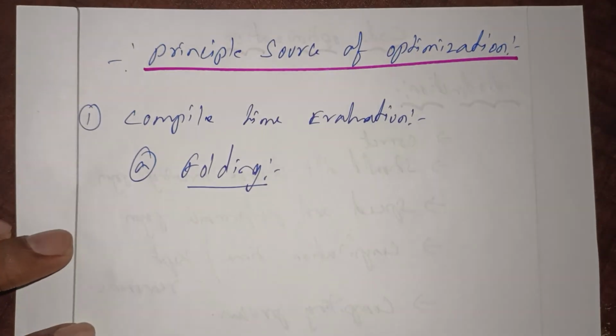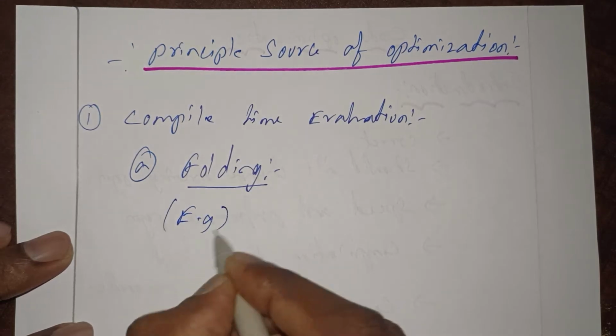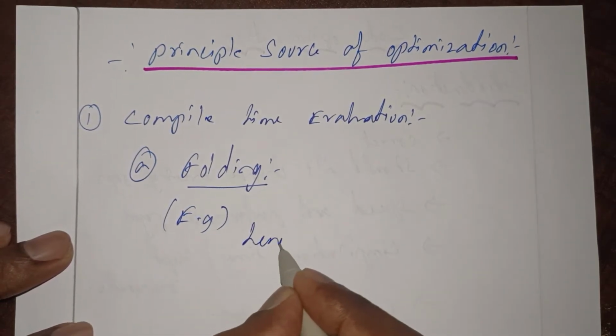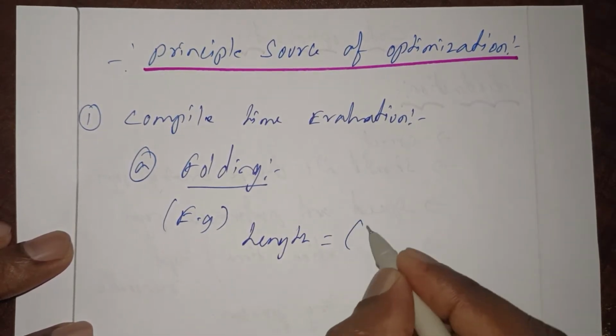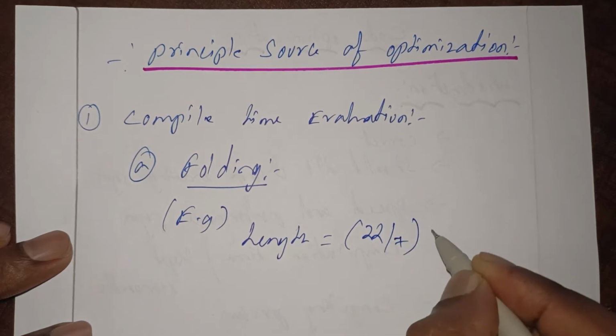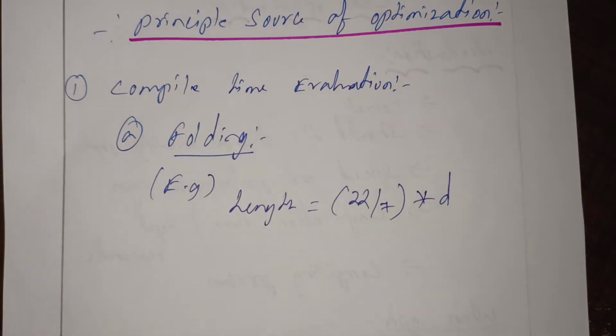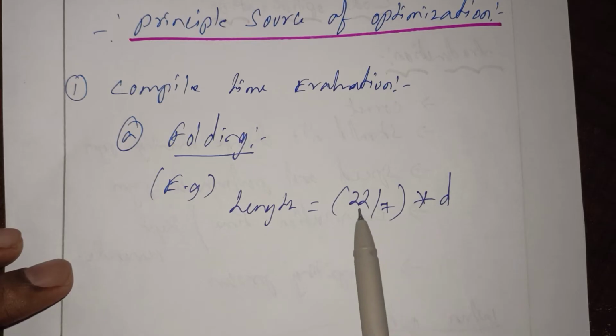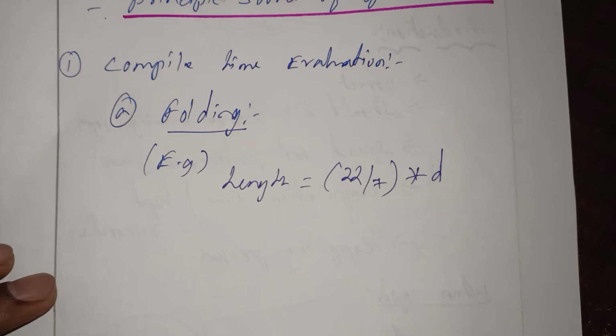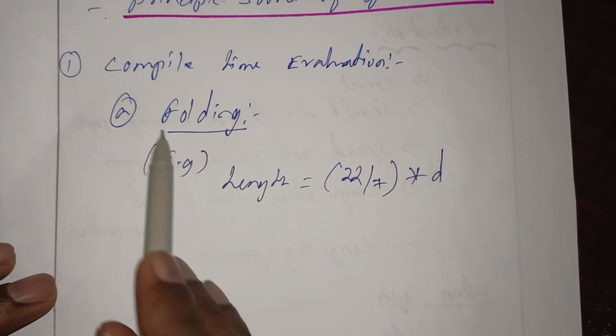For example, length is equal to 22 divided by 7 into d. The basic formula here is length is equal to pi into d. So here, instead of pi, the value has been folded. This is the basic part of how folding works.